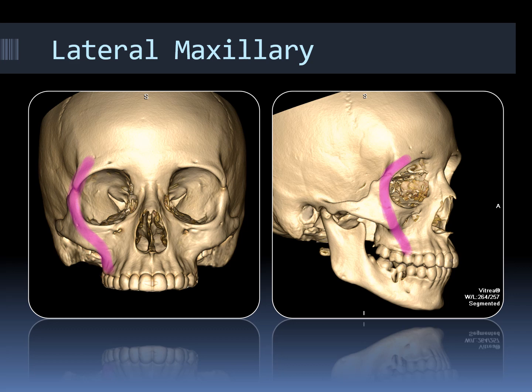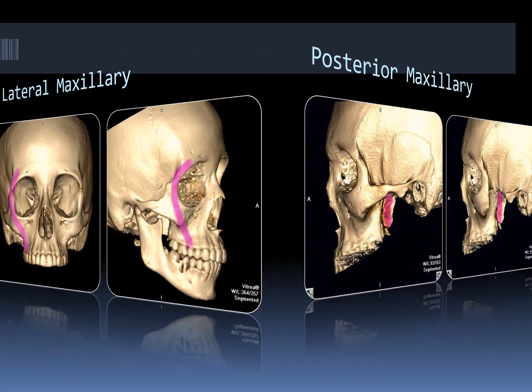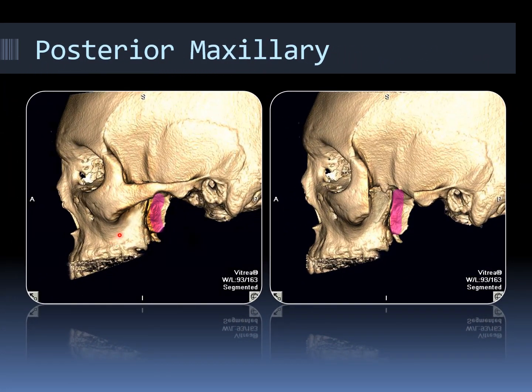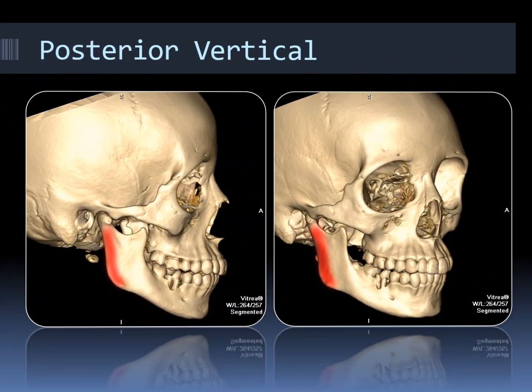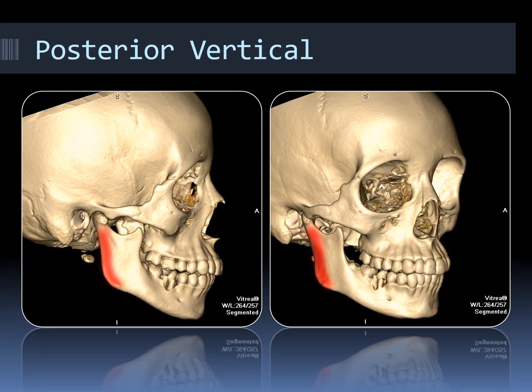So lateral maxillary vertical. And the other one is your posterior maxillary buttress, located here. And next would be your posterior vertical. So you could see it here in the mandible area.